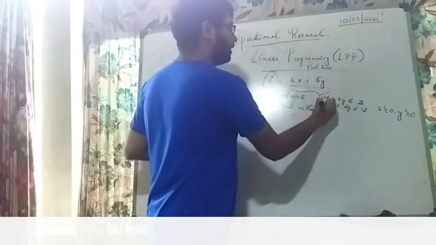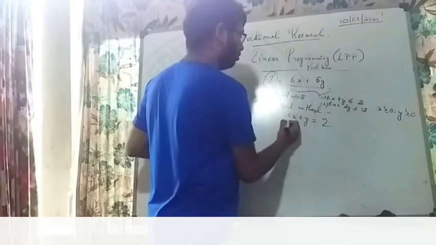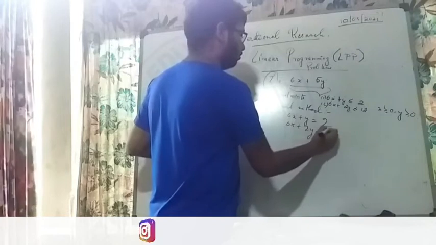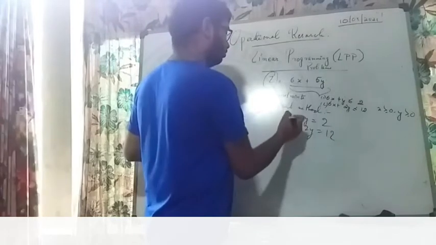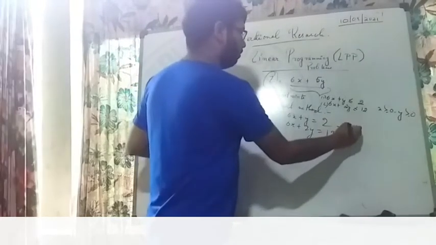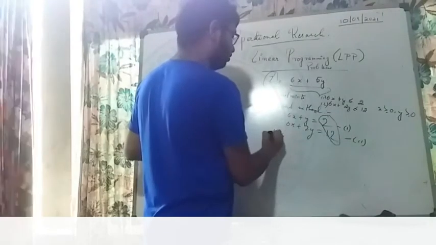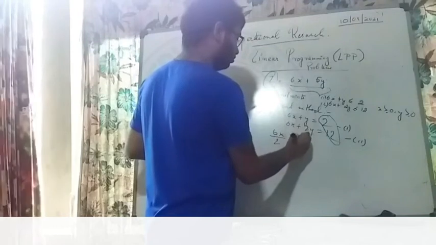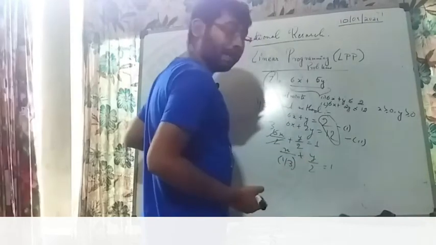So these are the two constraints. First, we have to convert the right hand side to equal 1, so dividing, the equation came like this. Second equation.